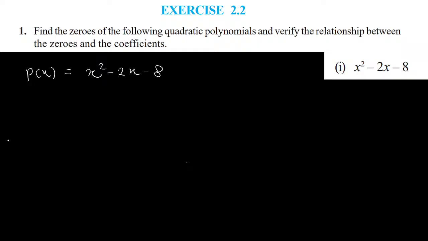To find the zeros, the first step is to equate this quadratic polynomial to zero. So x square minus 2x minus 8 is equal to 0.